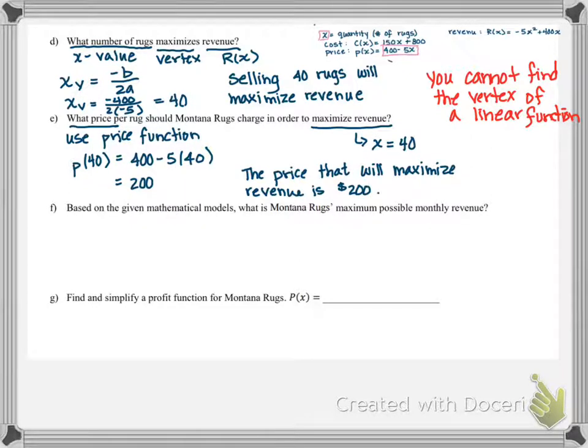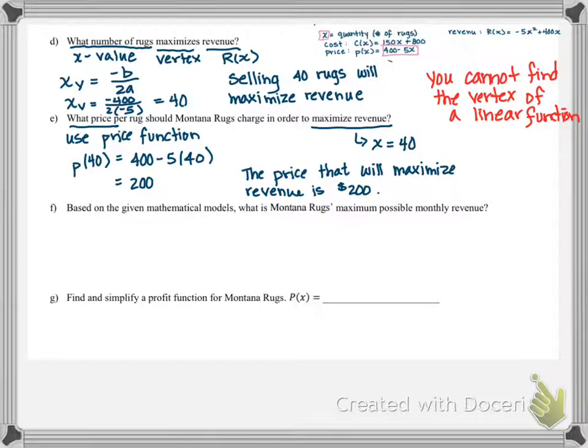So these seem like individual functions, but they're really all interrelated, and that's because they're all based on the same quantity. If price and quantity are related, and quantity is related to revenue, then in the background that means that revenue and price are related as well.